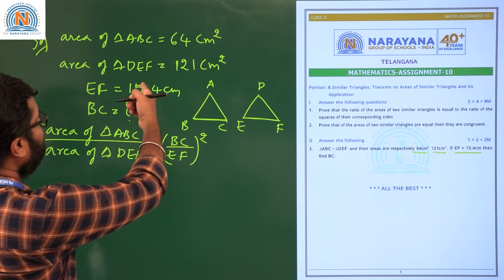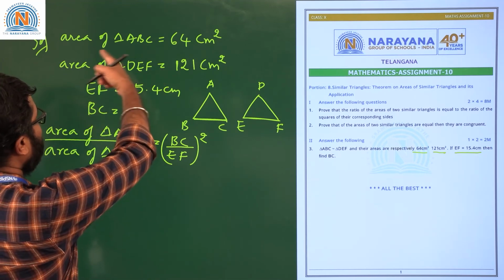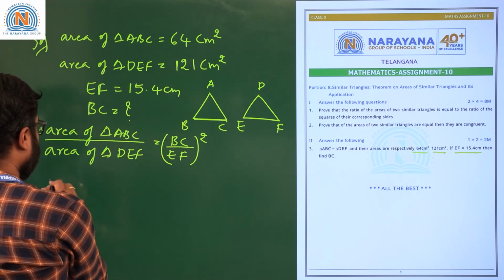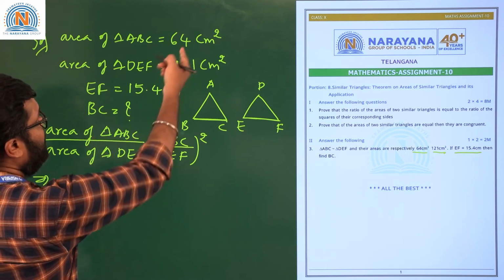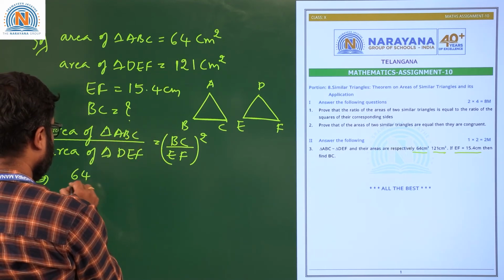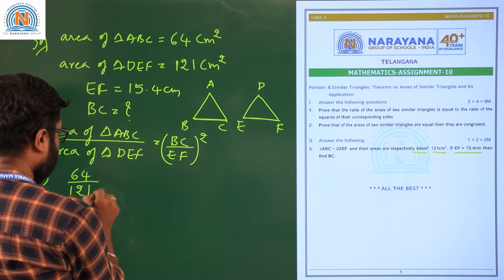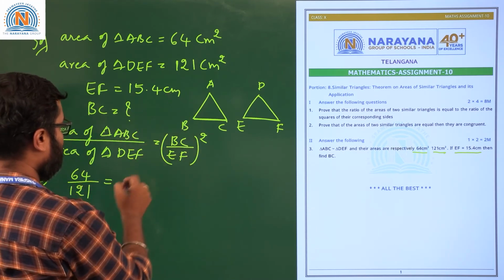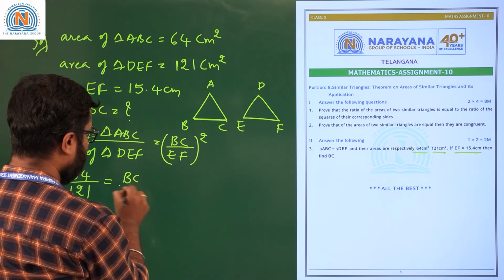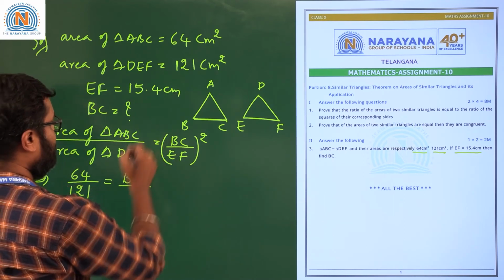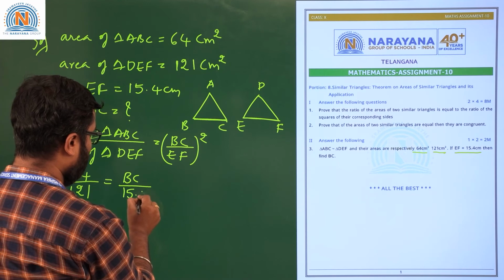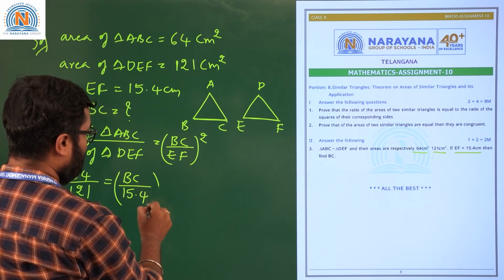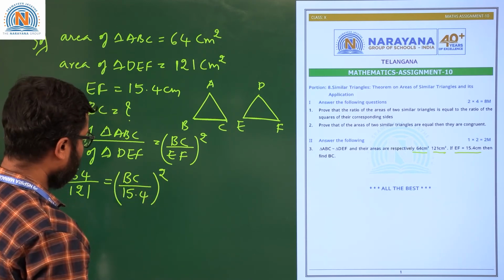Now here, children, what is the area of triangle ABC in LHS? Just substitute here. Area of triangle ABC, that is 64 by 121 is equal to what, children? BC we don't know, we need to find that one. BC by EF, EF here is 15.4 centimeters, that is whole square, isn't it?